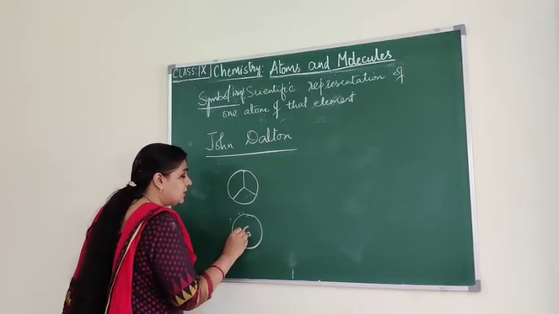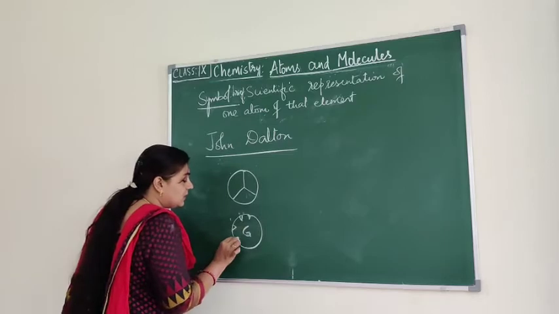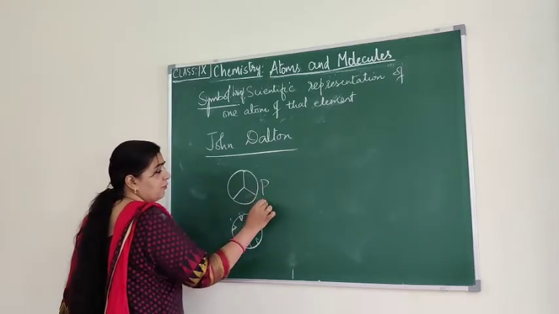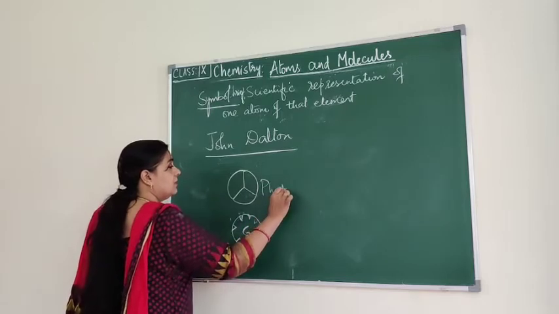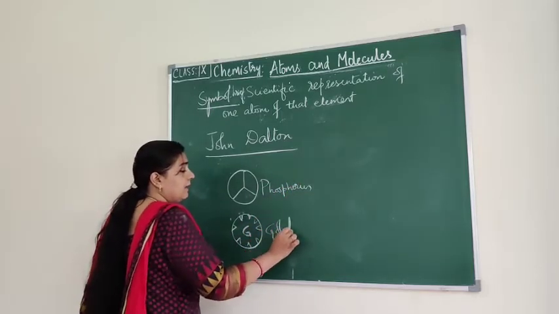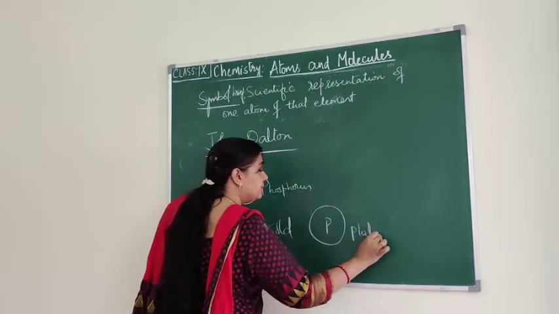So this is like pictures kind of thing. This was for gold, and this is for phosphorus. This was for phosphorus, and this was for gold, and this was for platinum.